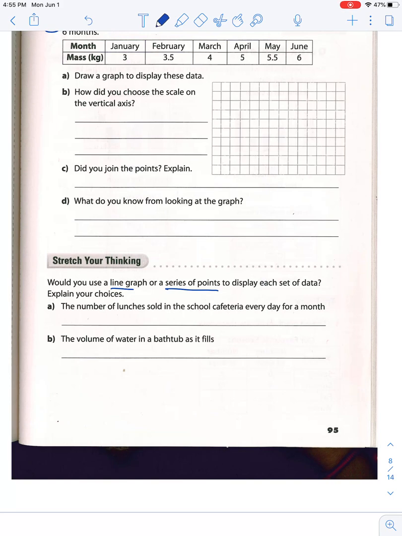Okay, so number of lunches sold in the cafeteria each day of the month. What do we think? It should be series of points. Okay, why? Because you wouldn't sell a lunch at every single moment throughout the day, right?